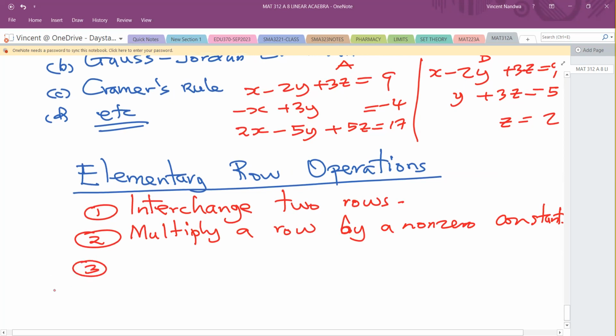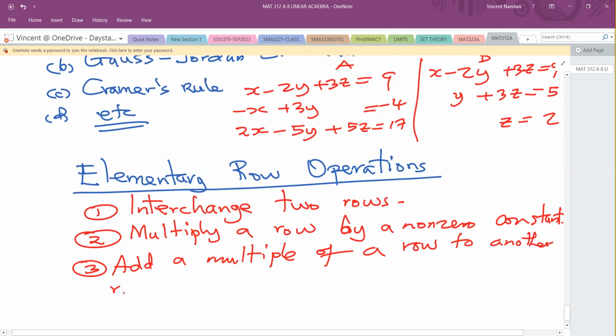And number 3, we are allowed to add a multiple of a row to another row. We are allowed to add a multiple of a row to another row.